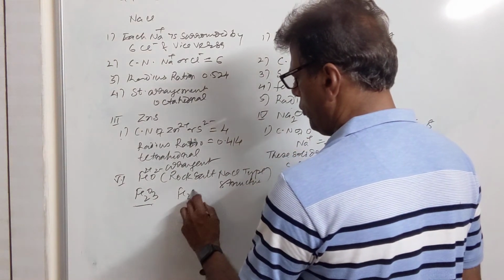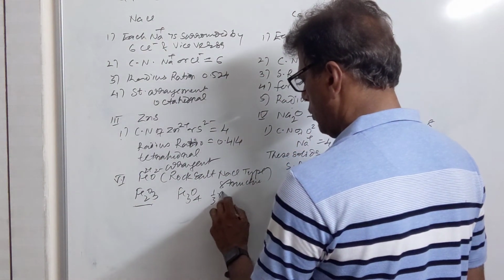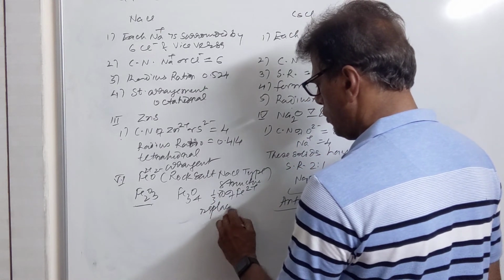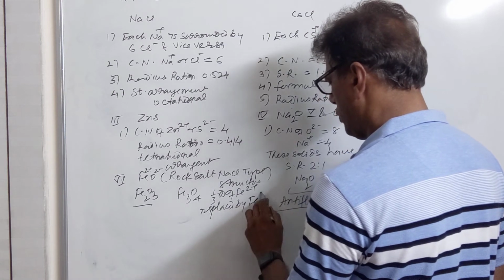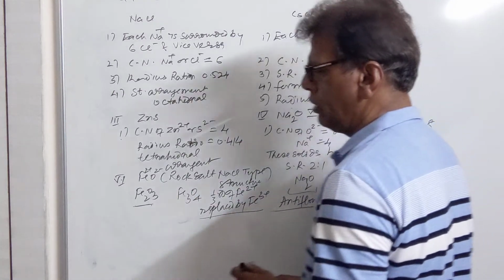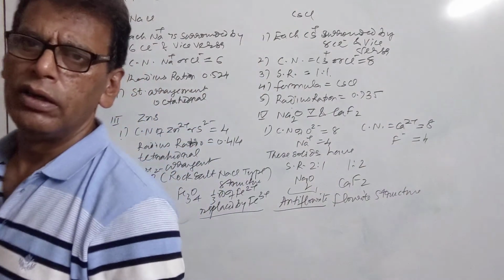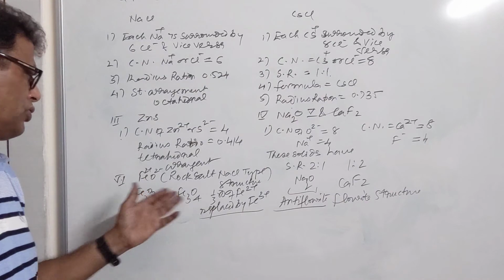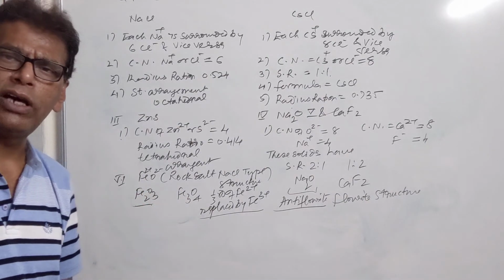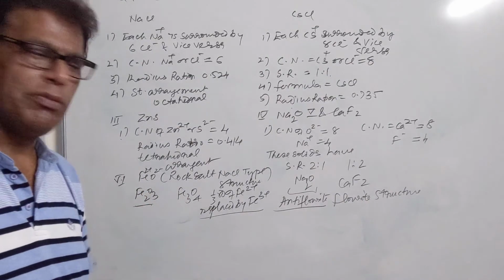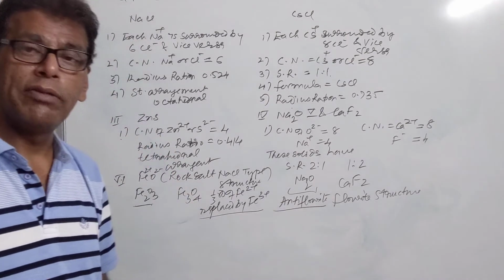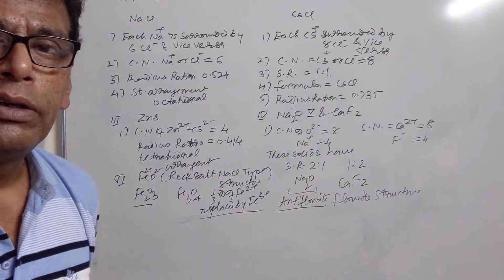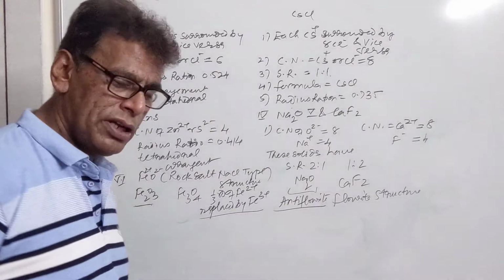And if we want Fe3O4, one third of the Fe2+ replaced by Fe3+ ions. तो हमें ये स्ट्रक्चर मिलेगा. तो ये ऑक्साइड ऑफ आयरन जो है, they are simply FeO is just like NaCl. Fe2O3 can be obtained by replacing 2/3 of the Fe2+ ions by Fe3+ ions, and Fe3O4 can be prepared by replacing 1/3 of the Fe2+ ions with Fe3+ ions.